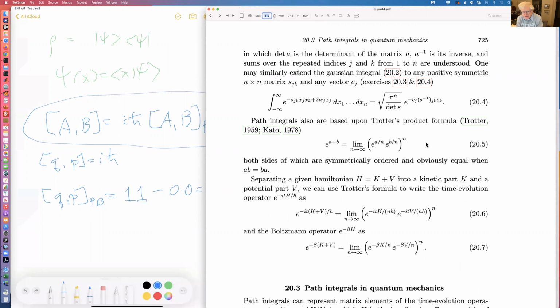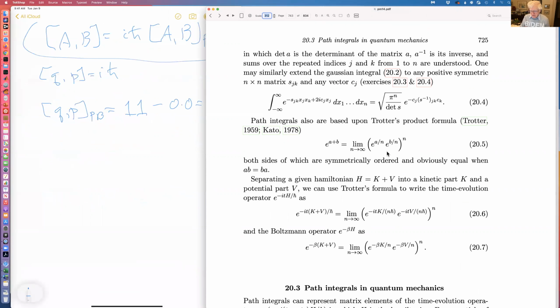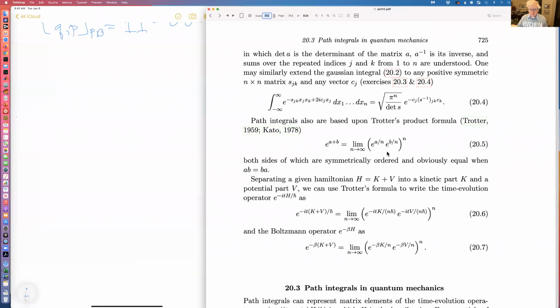It's something that any physicist would immediately agree to, namely that if you take something like e to the a over 3, e to the b over 3, e to the a over 3, e to the b over 3, e to the a over 3, e to the b over 3, then as first approximation, it's just e to the a plus b, because there's no order in this formula, and to lowest order, it's obviously equal to e to the a plus b.